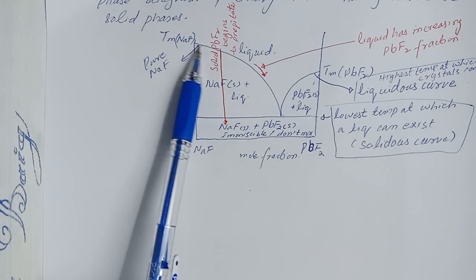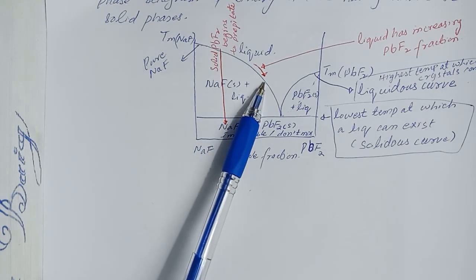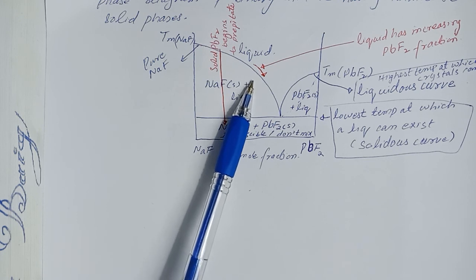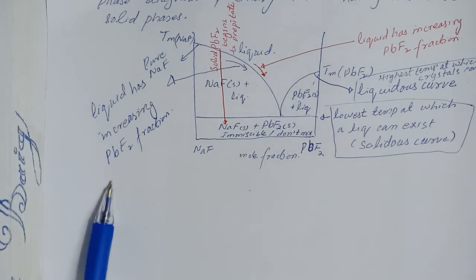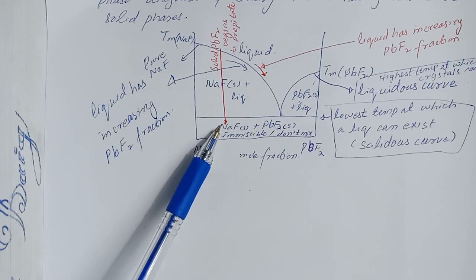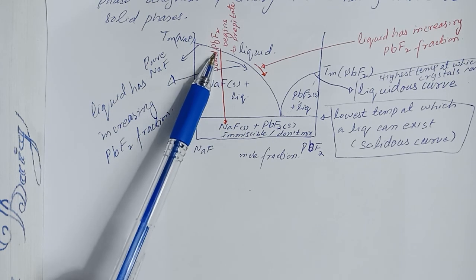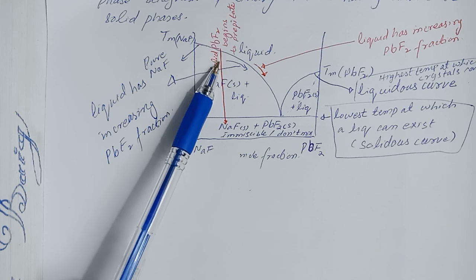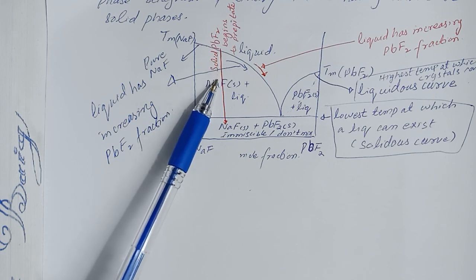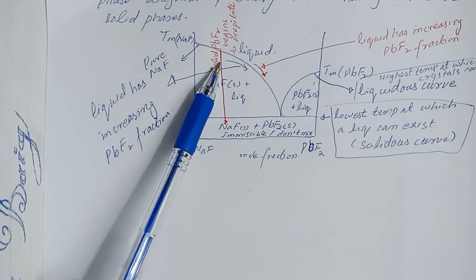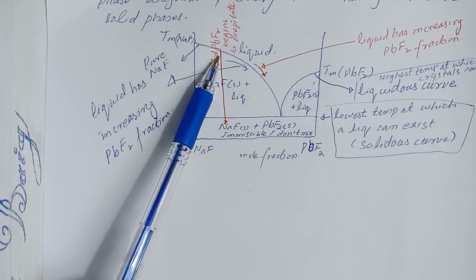While moving from this point towards this curve, the liquid has increasing lead fluoride fraction, and while moving across this red line from this phase boundary, the liquid lead fluoride begins to freeze and precipitates are observed at this phase boundary.